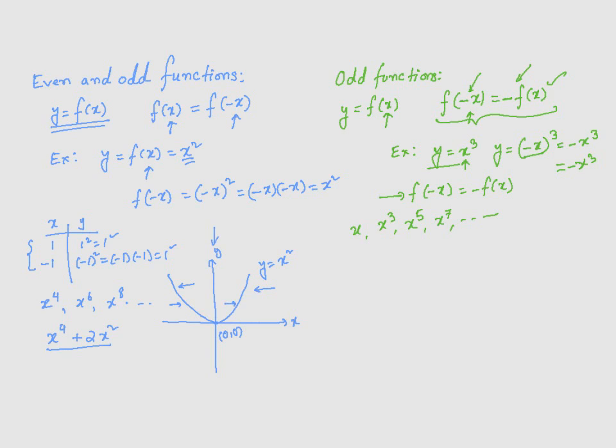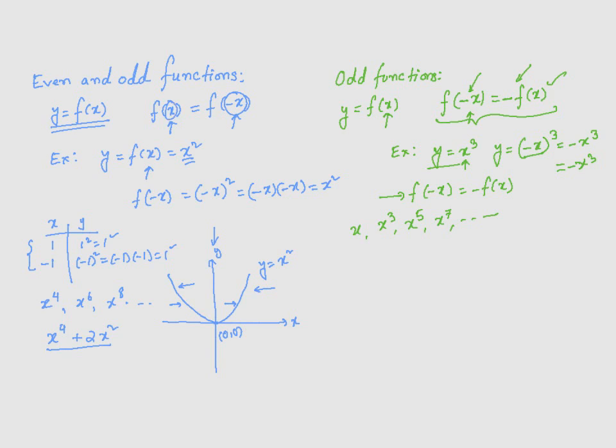Symmetry is a very important characteristic of a function. You should pay closer attention to this. So even functions are always symmetric about the y-axis. Why? Because it doesn't matter whether you put negative x or x into the function.